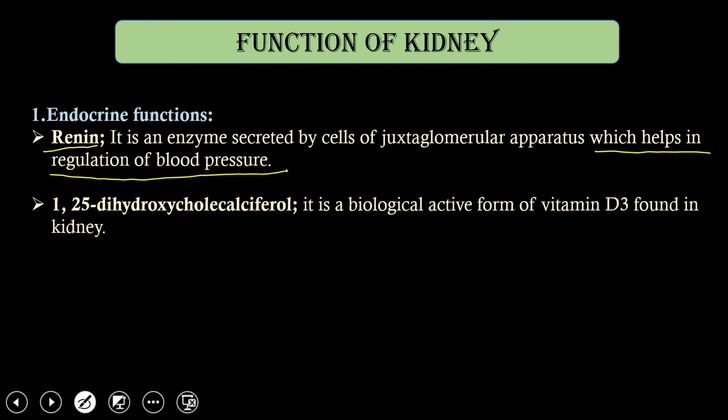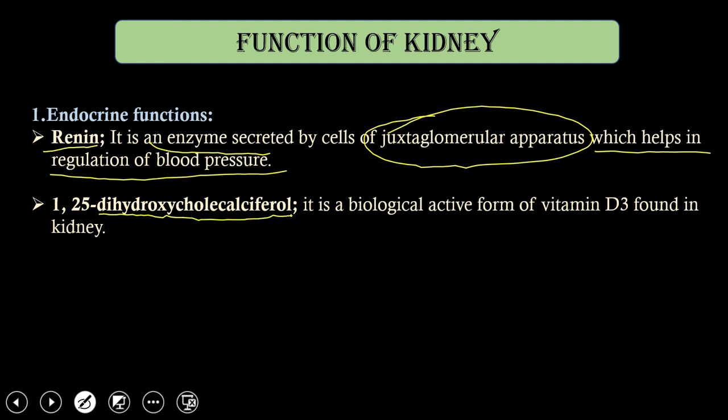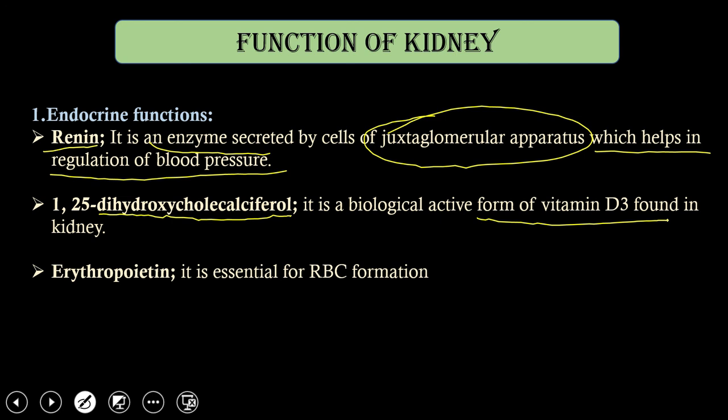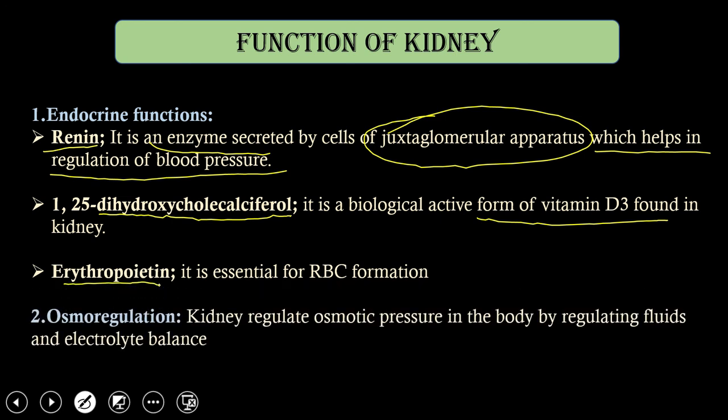It is a type of enzyme secreted by the juxtaglomerular apparatus. Another one is dihydroxycholecalciferol, which is the biologically active form of vitamin D3 found in the kidney. And the last one, erythropoietin, a hormone which is essential for RBC formation.